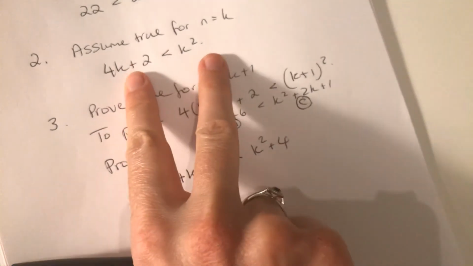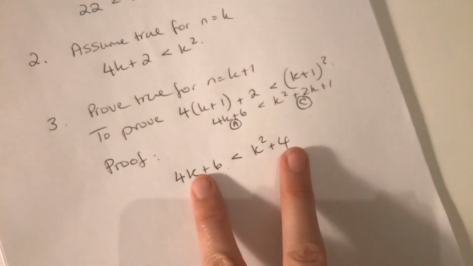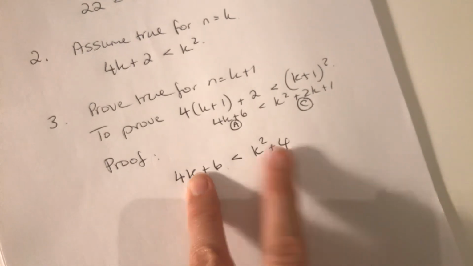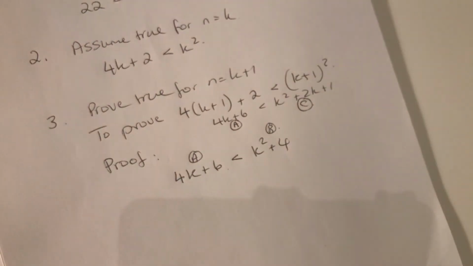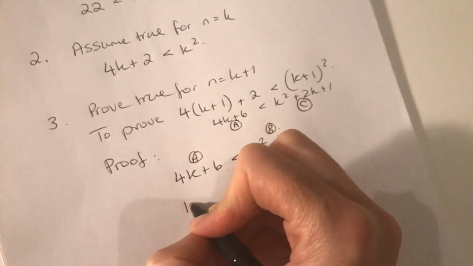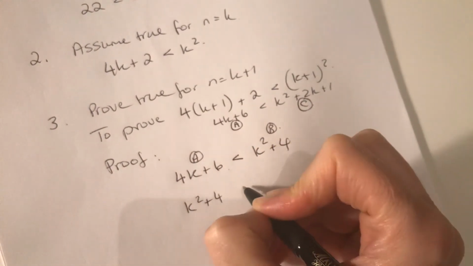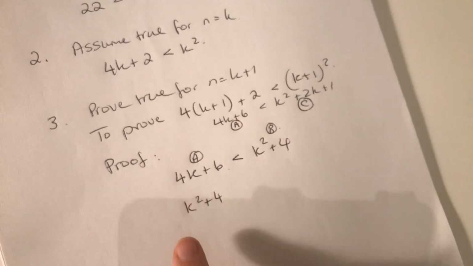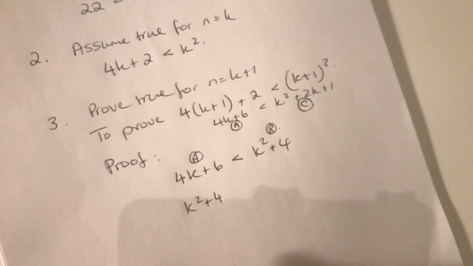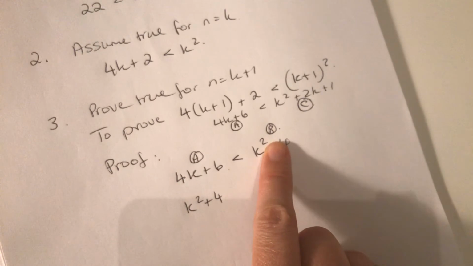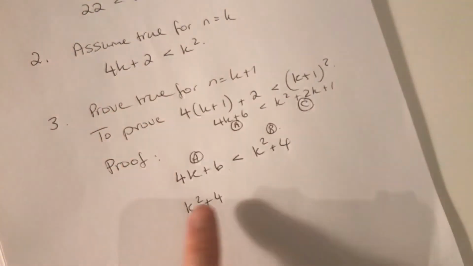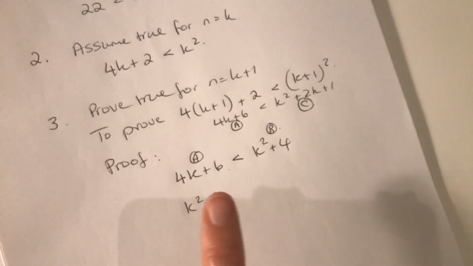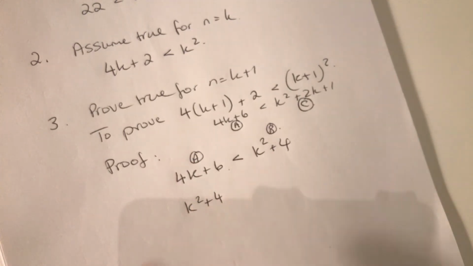All I did was, if I added 4 to both sides, I'd have this. So A is definitely less than B. Sorry, I keep saying greater than, apologies. Is A less than B? Seems to be, yeah, from what I've done up here. I just added 4 to both sides, so A is less than B. Is B less than C?